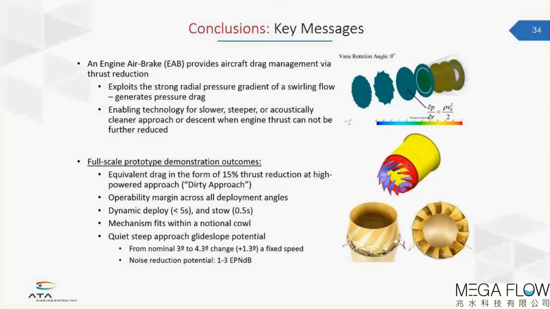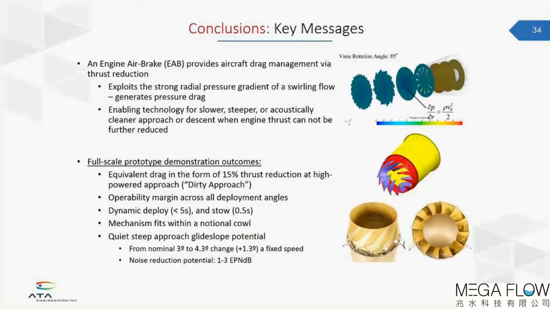And finally, in our full-scale prototype demonstration, we were able to show that we could get equivalent drag in the form of 15% thrust reduction at high power, a so-called dirty approach, that our operability margins were okay across all the deployment angles, that we demonstrated a dynamic deployment of 5 seconds and a very rapid stow of less than half a second, which would be suitable for go-around.